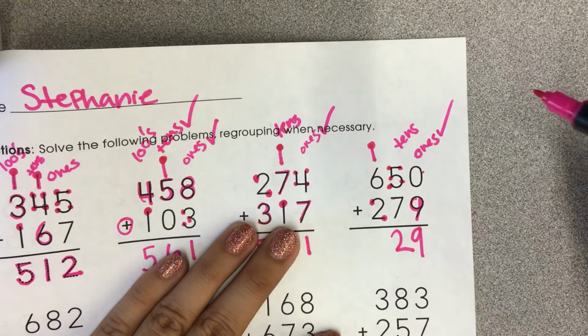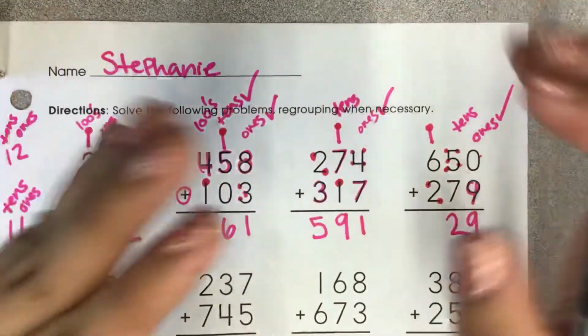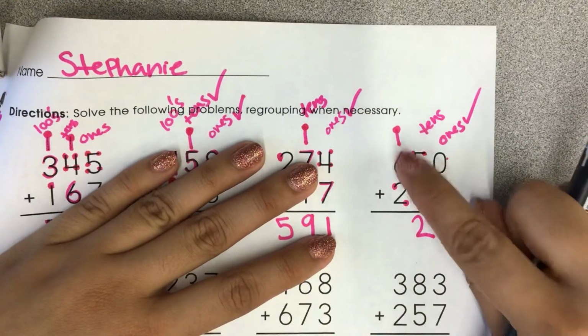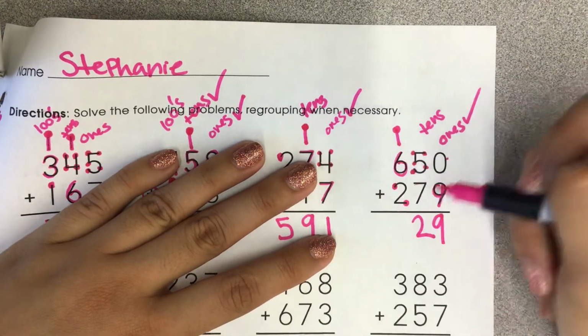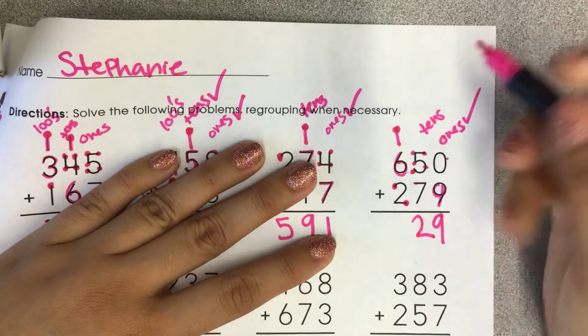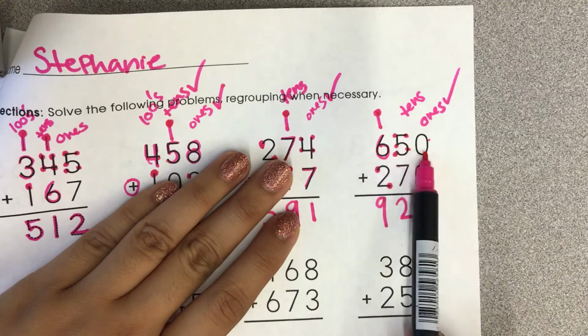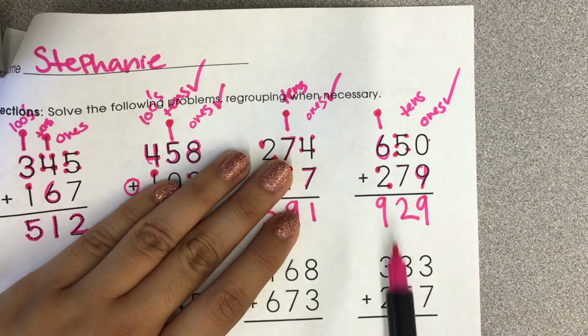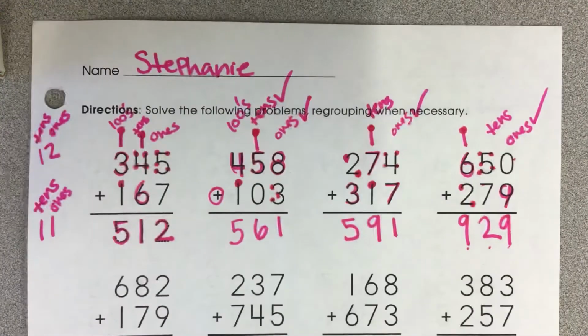And then I'm going to start counting from the biggest number we have, the greatest number, which is 6. So let's count. 6, 7, 8, 9. So now we know 650 plus 279 is 929. So there you have it, guys.